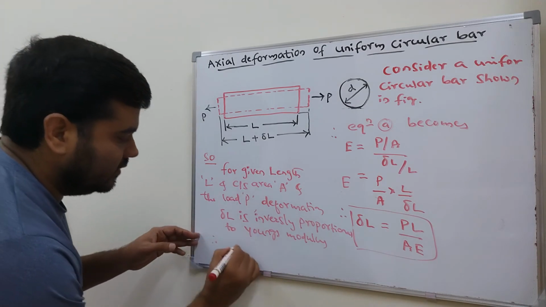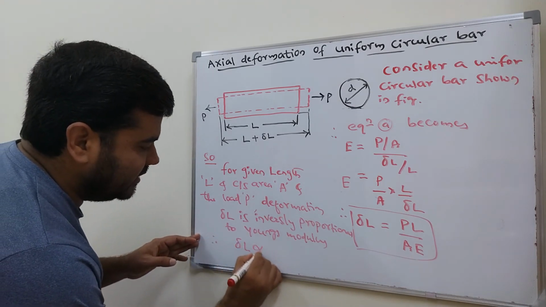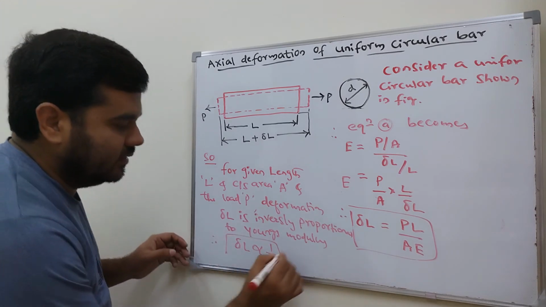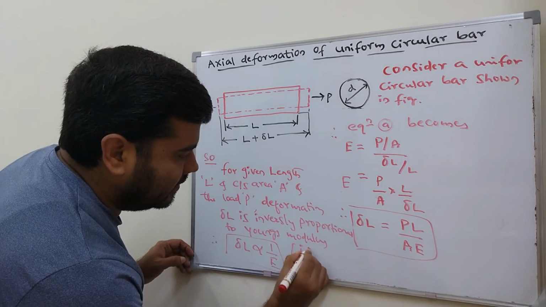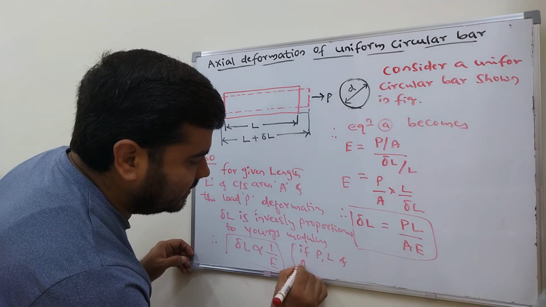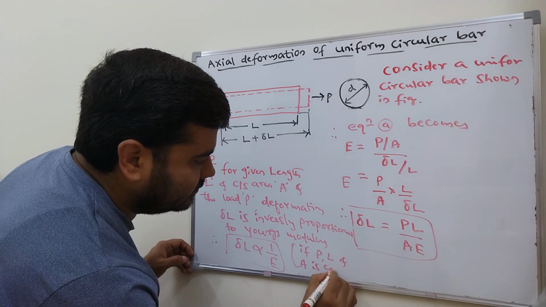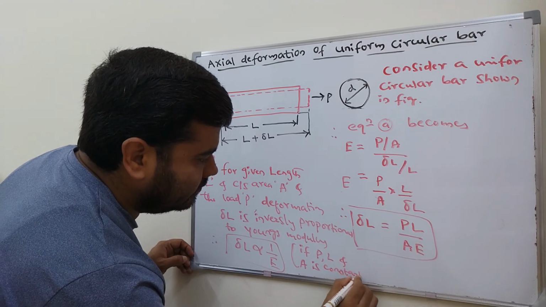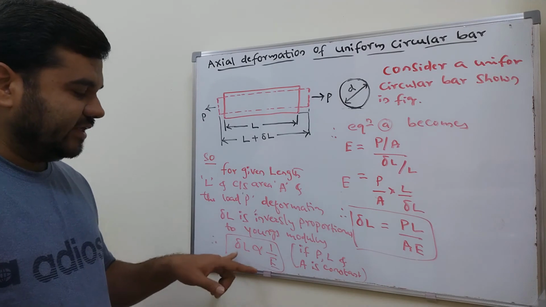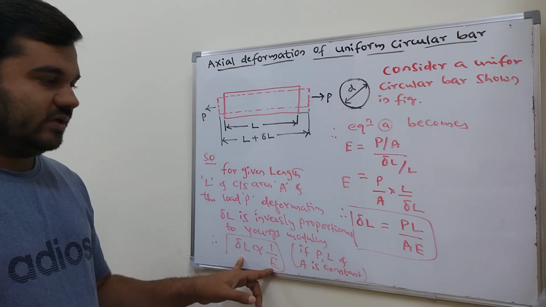That is, deformation is inversely proportional to Young's modulus, if P, L and A are constant. So this is the relation between deformation and Young's modulus.